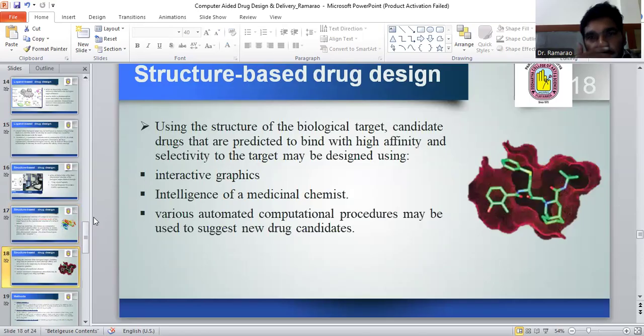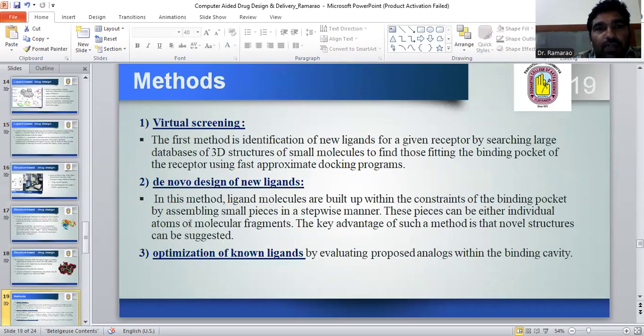So in SBDD, the structure of the biological target and drug candidates predicted to bind with high affinity and selectivity are designed using interactive graphics and the intelligence of medicinal chemists; various automated computational processes may be used to suggest new drug candidates. So there are some other methods, virtual screening.